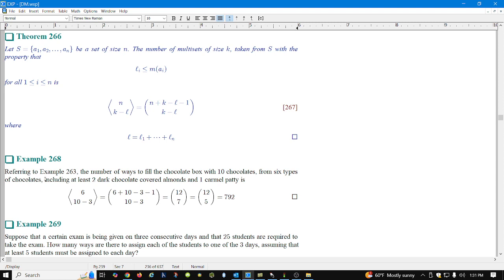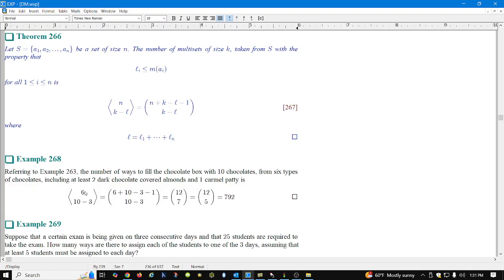Referring to the previous example, the number of ways to fill a chocolate box with 10 chocolates from 6 types that are available, including at least 2 dark chocolate covered almonds and 1 caramel patty, will look like this.